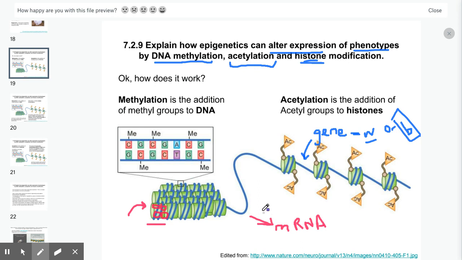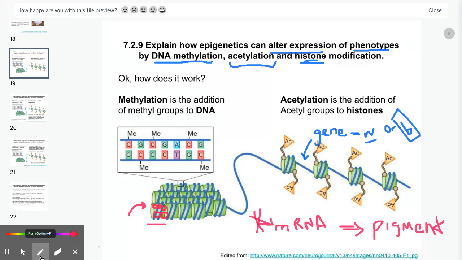There's no way we're going to make mRNA. So we're not going to make a protein. And our protein, if you remember, would be the pigment for black fur. So if we can't express the gene, we can't make that color, we can't make that pigment for black fur.